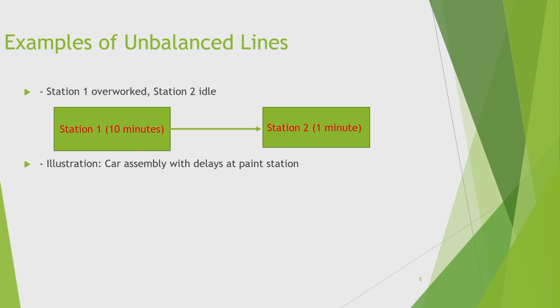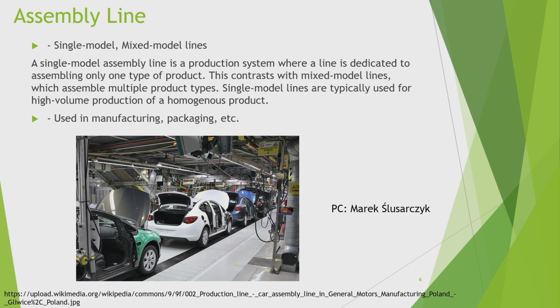Then station 1 will be overworked, it needs 10 minutes, and station 2 will remain idle, because its job is finished in 1 minute, then it is waiting for another 9 minutes for the next job to come, and then it will start. For example, in car assembly, if there is a delay at the paint station, naturally that affects the entire production.